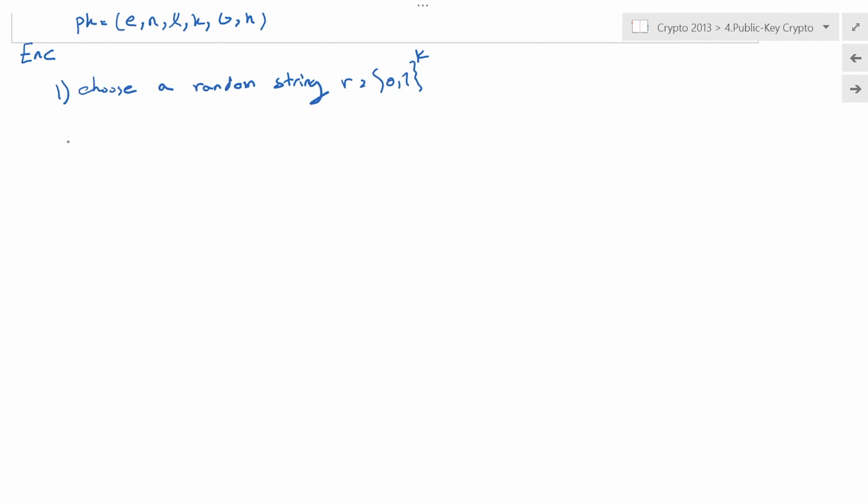And then step 2, we are going to pad our message. So the padding of message is going to be equal to X. Let me write it, then we will discuss it.